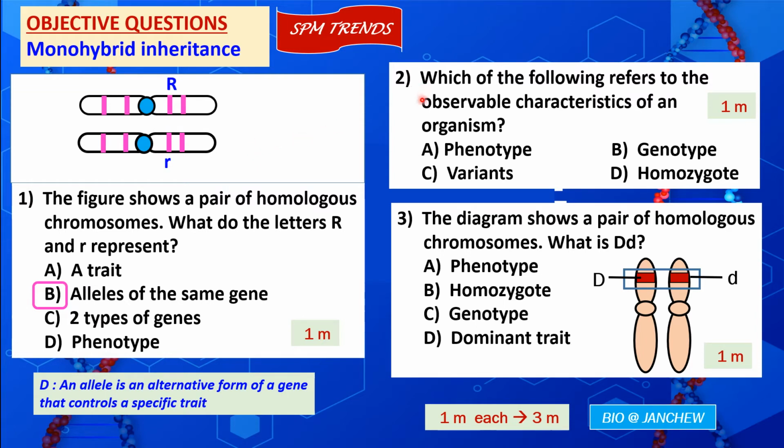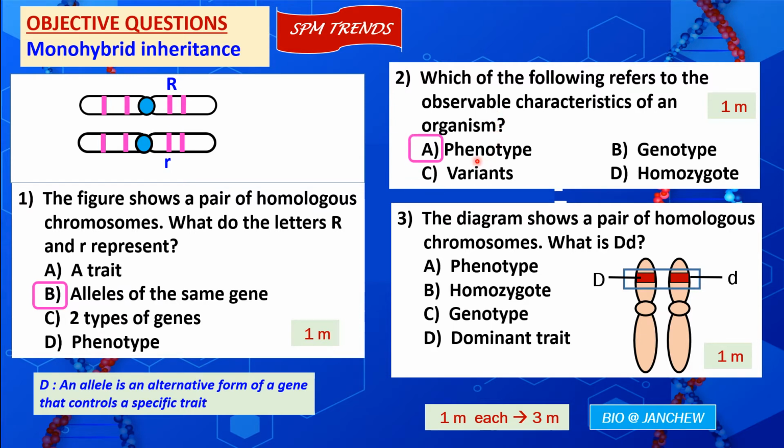Number 2, which of the following refers to the observable characteristics of an organism? A, phenotype, B, genotype, C, variance, and D, homozygote. Alright, so according to the definitions that we have discussed in the second video, the term that is defined as the observable characteristics of an organism is A, phenotype.